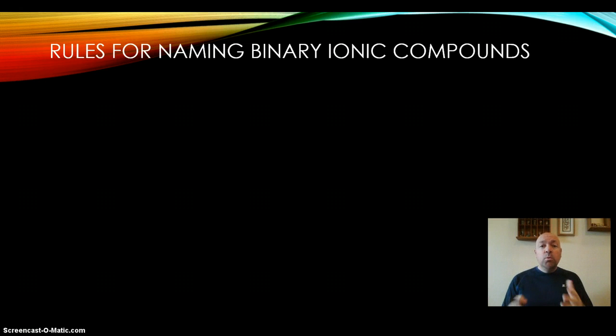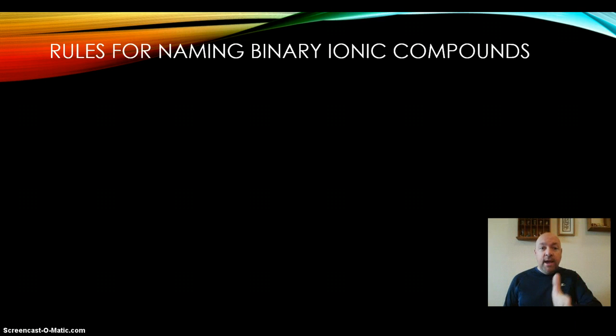Now today, when we're dealing with binary ionic compounds, we're mainly going to be focusing on the alkali metals and the alkaline earth metals. The transition metals and some of the post-transition metals we're going to mostly deal with in a separate section, because most of them have dual or more oxidation states.